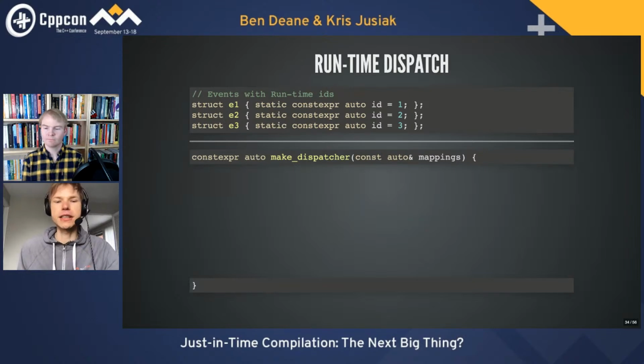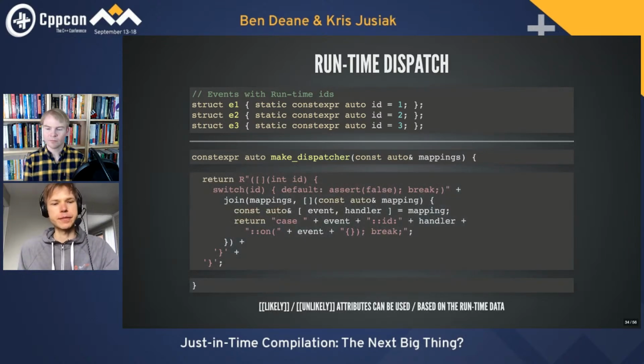Then we'll just make dispatcher as before, but instead of producing the type list, we'll just produce a switch. We can actually generate the switch statement within the lambda, which will take the runtime ID, and in default case we'll assert, and in other cases we'll just do the case on the ID and call the handler.